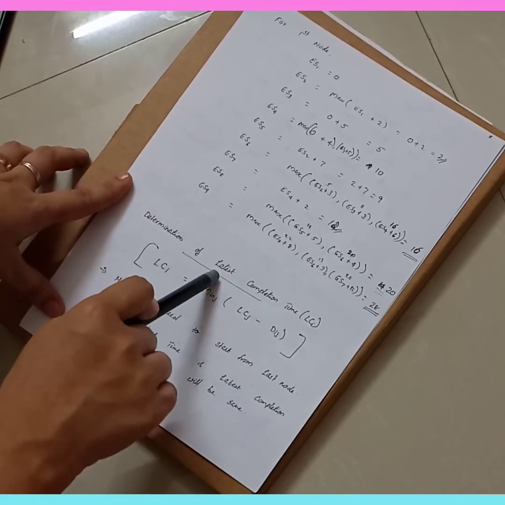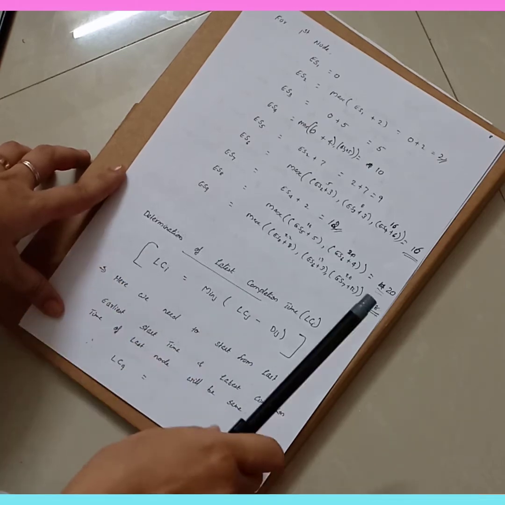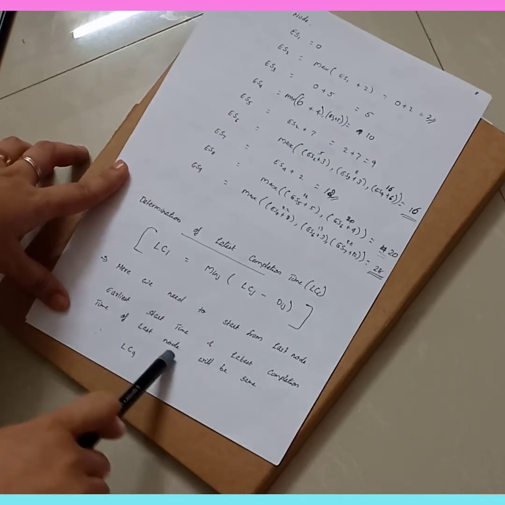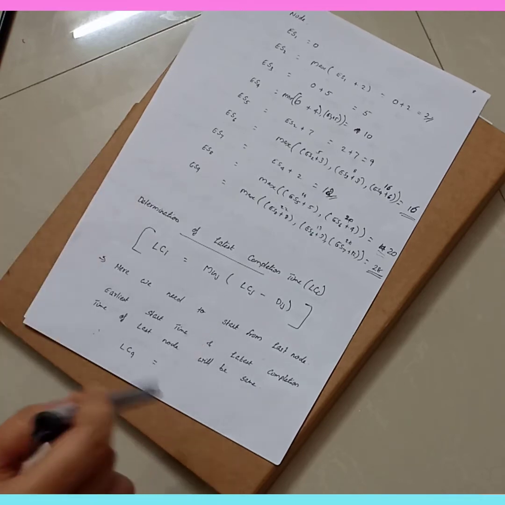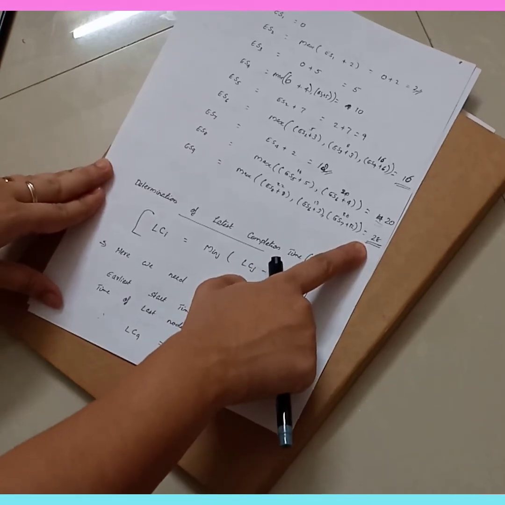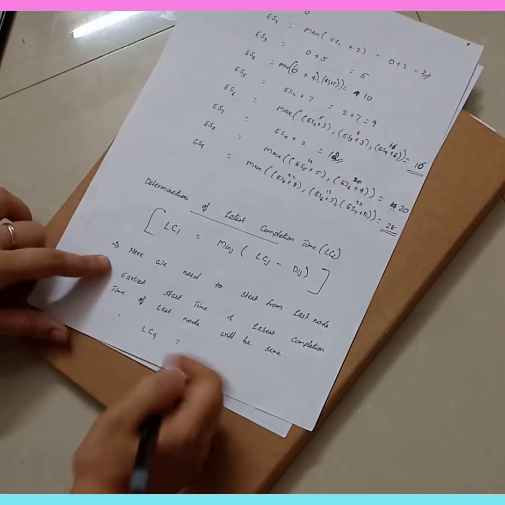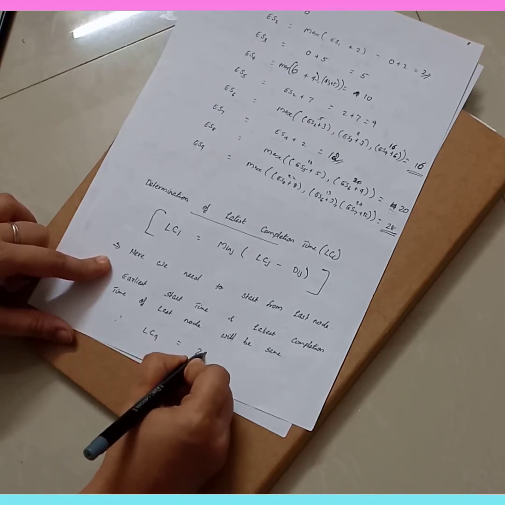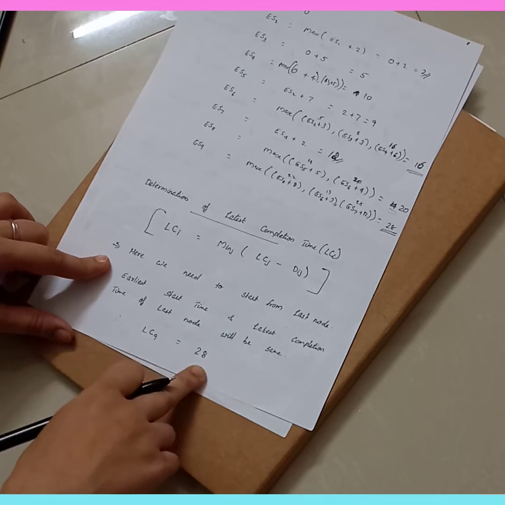The 9th node is the ending node for this particular problem. So we need to start from the 9th node. Earliest start time and latest completion time of the last node will be the same. So here we found that the early start time of the 9th node is 28. So the latest completion time for the 9th node will be the same, that is equal to 28.